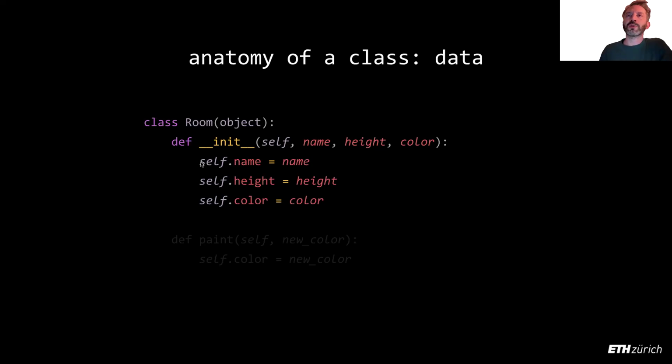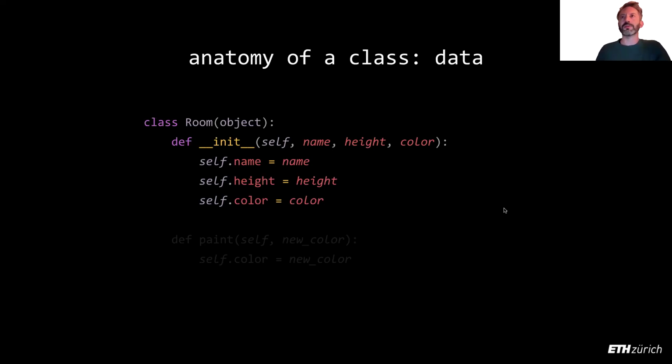So we will do self.name equals the name input parameter, self.height equals the height input parameter, and self.color will equal the color input parameter. Notice that the names of these variables and input parameters match, but that's not necessary. It is by convention what usually happens, but it is not necessary that they match.